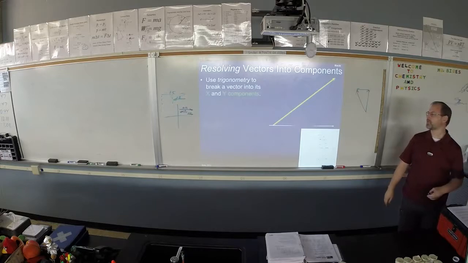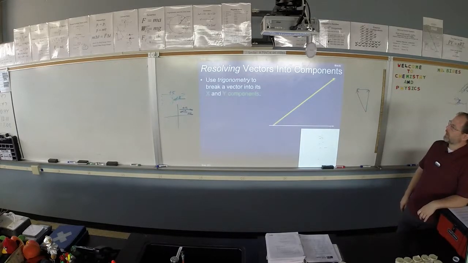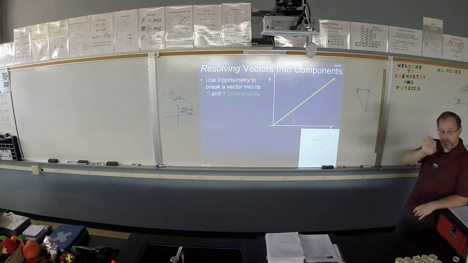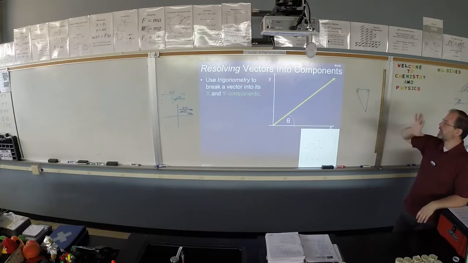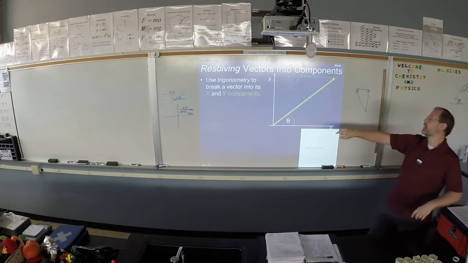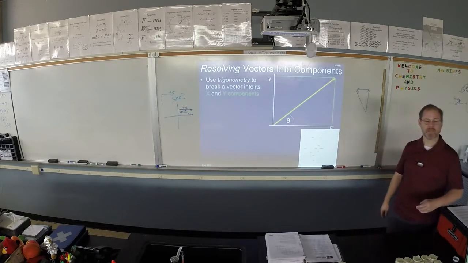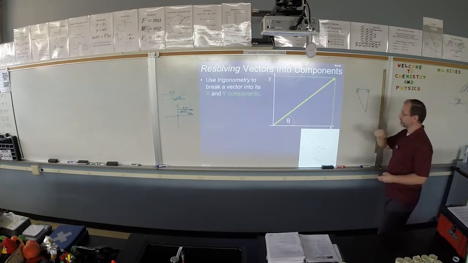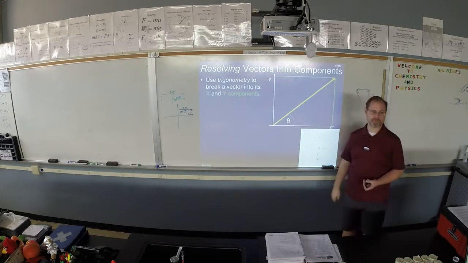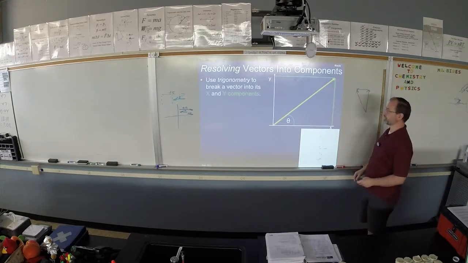So here we have a nice fun vector with a 45-degree angle, and it has x and y components. When you're looking at vectors, imagine or draw a Cartesian plane on top of the vector with the base of the vector right at the origin. The angle of the vector, theta, this is the Greek letter theta. You've probably seen it in your math classes.